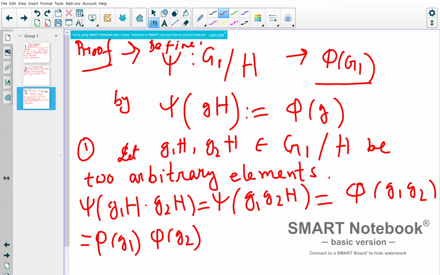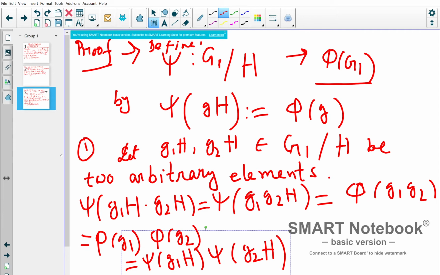Clear? But what is phi of G1? Phi of G1 is nothing but psi of G1H, and phi of G2 is nothing but psi of G2H. Okay, so I just proved that psi of the product is nothing but the product of the individual images, right? So the image of the product is the product of the images.